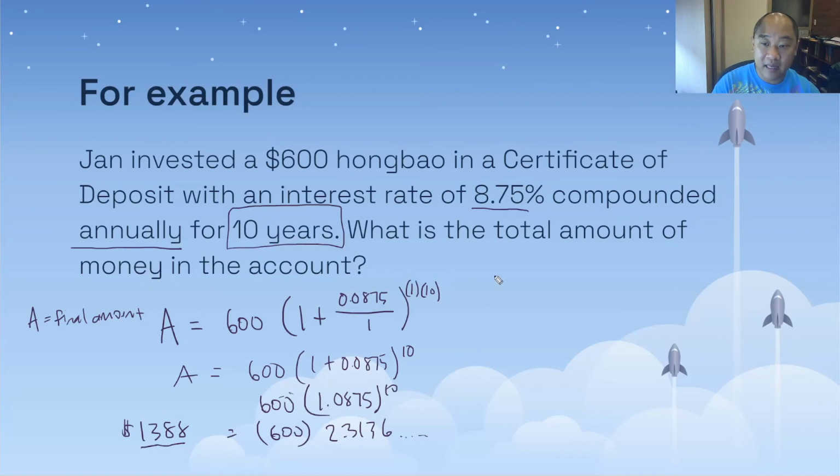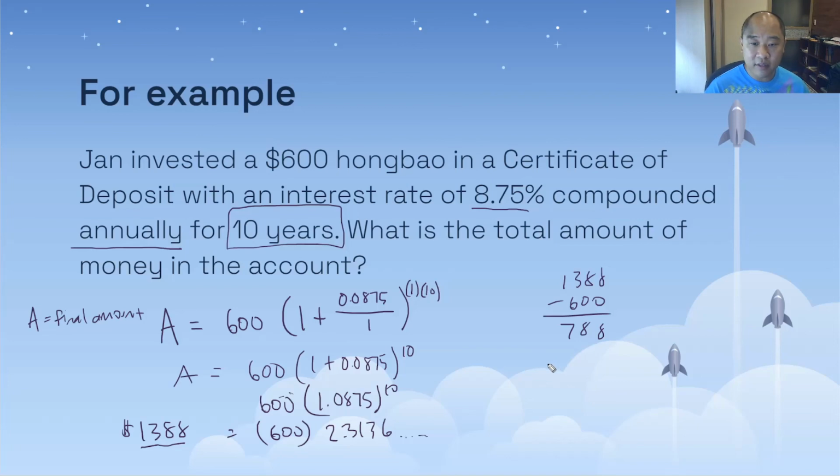So he had $600, and it turned into $1,388. If you take 1,388 and subtract 600, you get $788. He made over 100% on his investment. He put in $600, and 10 years later, he has made $788. That's how you grow your money.